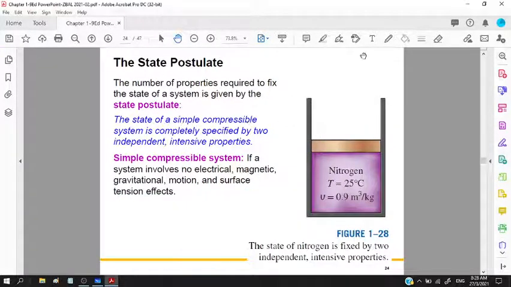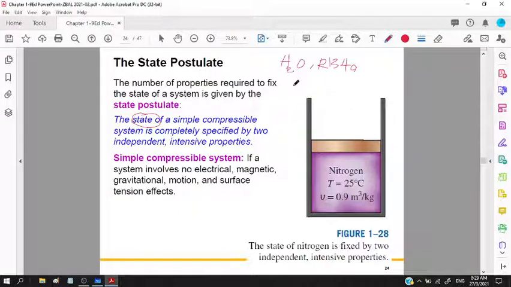A simple compressible system can be defined, in our case, by assuming that we have water, or R134A. When we set the state, we know that water and R134A could be in several states.